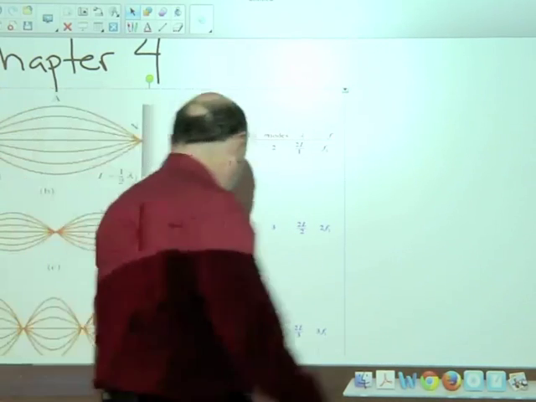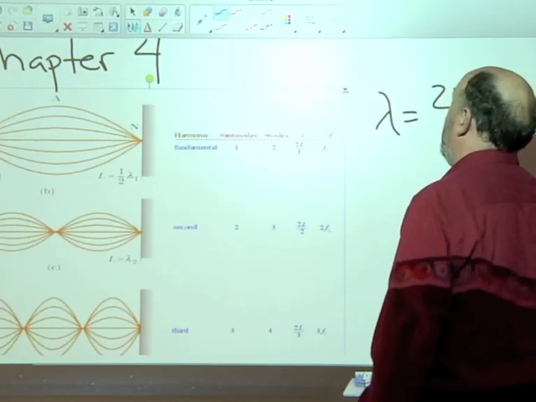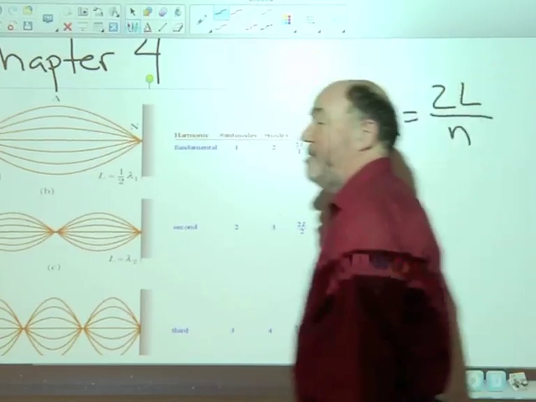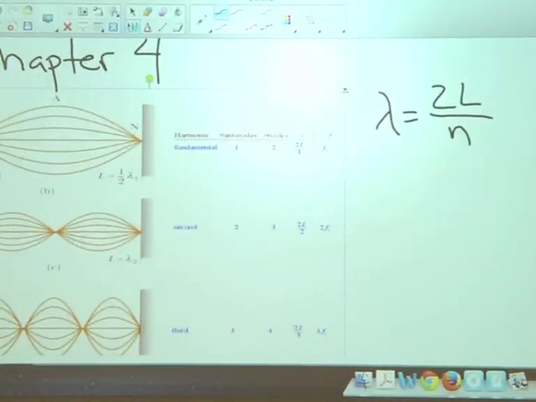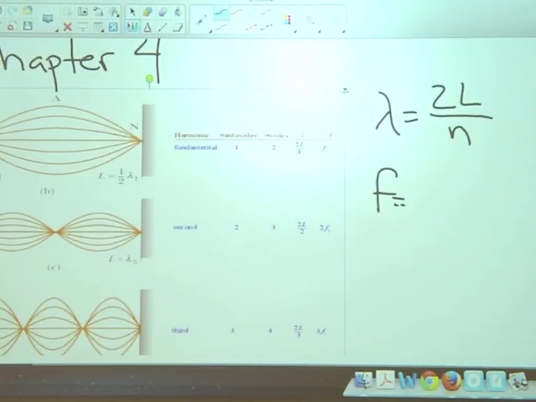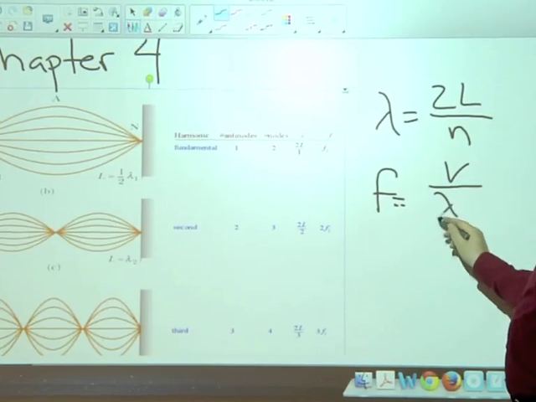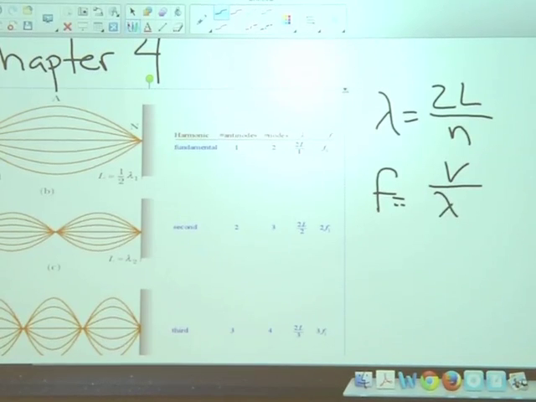So my wavelength, in general, is going to be given by 2L over n, where n is whatever harmonic we're talking about, the first, second, third, fourth. My frequency, f, will be given by v over lambda, which we saw before.